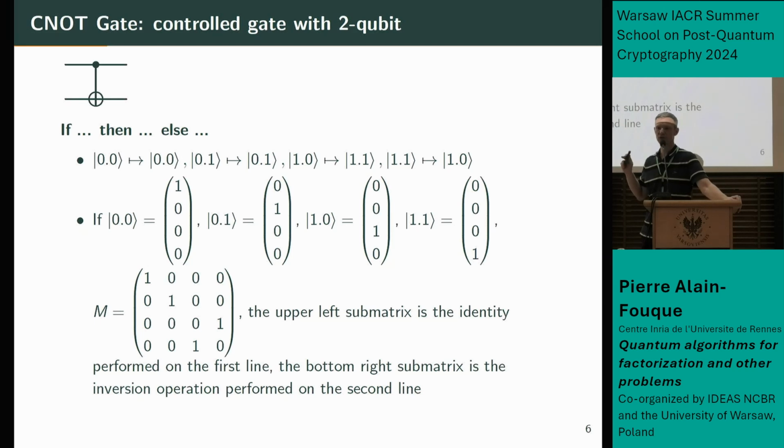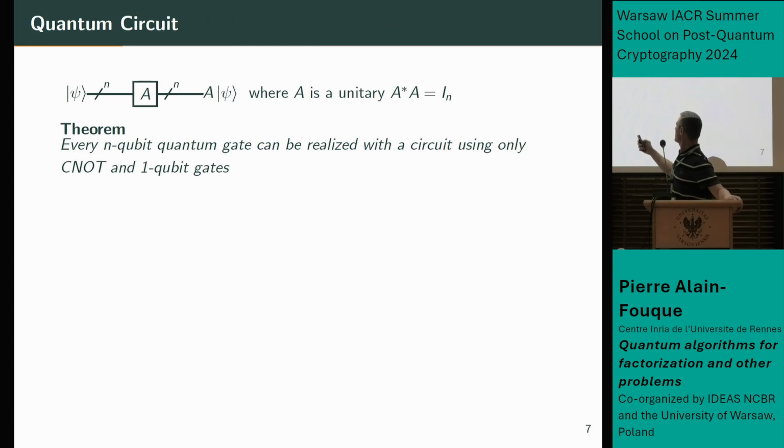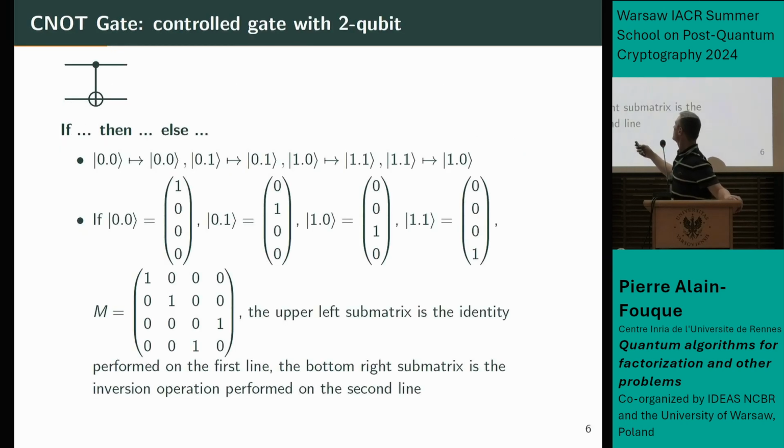So if the first qubit is 1 and the second qubit is 0, you have 1 XOR 0, and it will be 1.